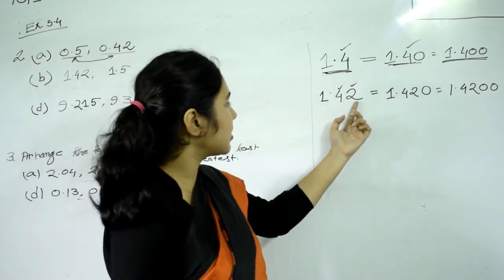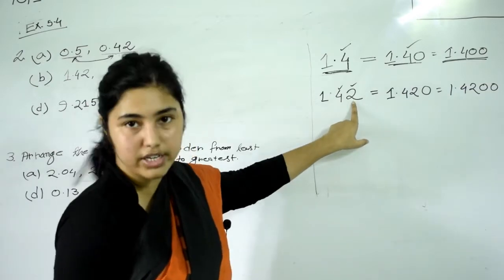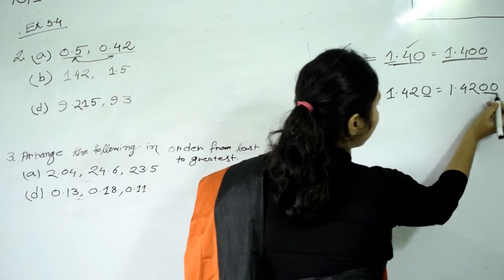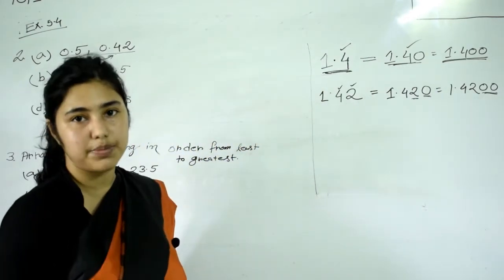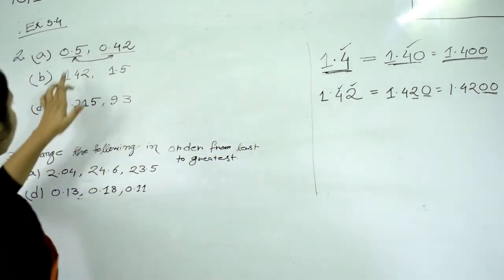So the last digit after the decimal point is 2, which is the 100th place. So we can add 0 or zeros after the last digit, after the last decimal place. Okay, is it clear?